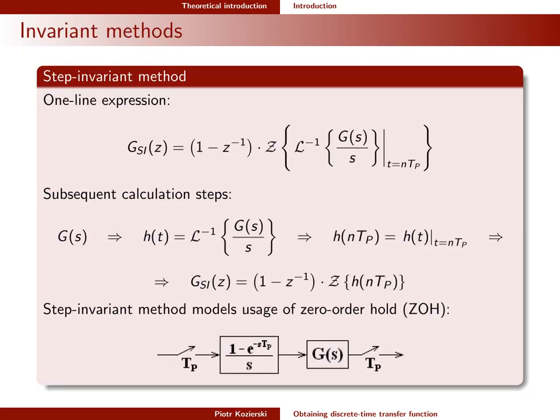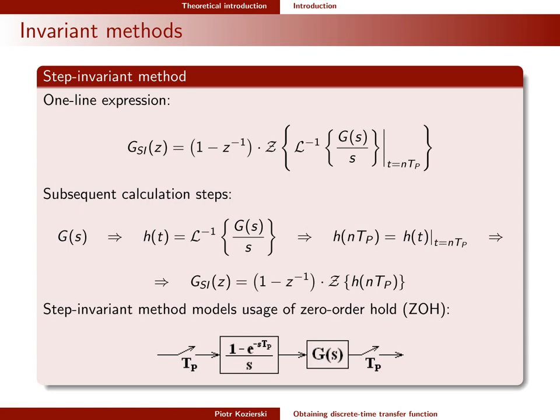First, invariant methods, and the first one is step-invariant method. Please do not learn the upper formula. More important is the ability to perform the subsequent steps. And what do we need to calculate one by one? First, the step response of the object, for which we want to obtain the transfer function. Then we need to write the obtained function in discrete time.